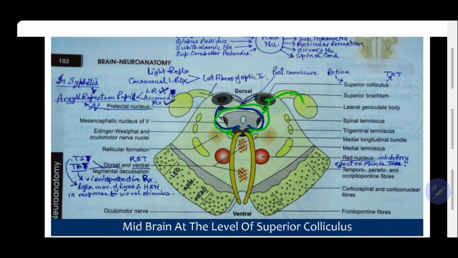Constrictor pupillae is fine, but the power of accommodation, let me tell you, is the tract through which you converge your eyes while reading. That's called accommodation.